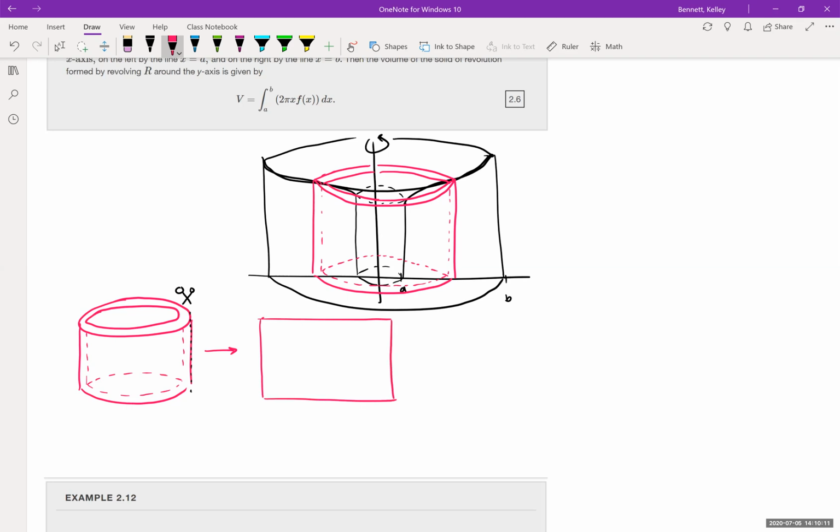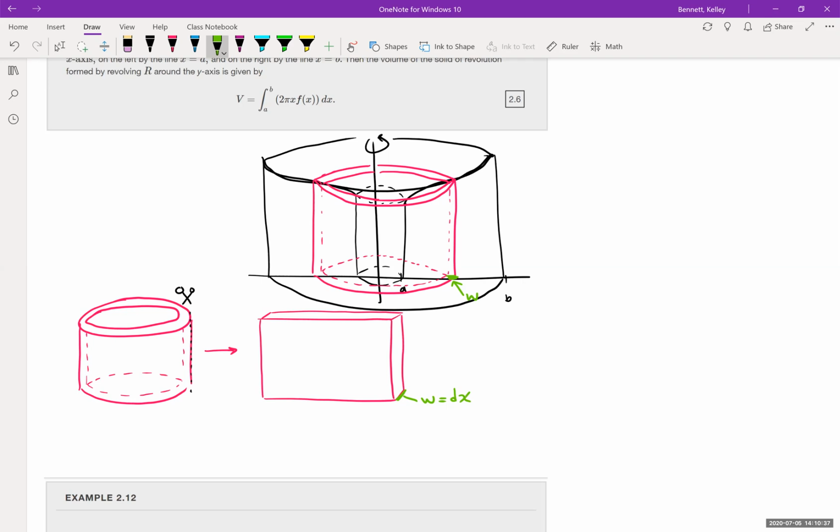It has a little width to it. The width comes from here. That's my width, a little change in x. We can see it's a little width on the x-axis, so we're going to call that dx.